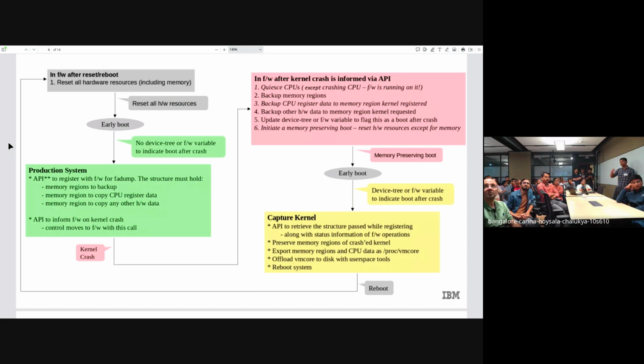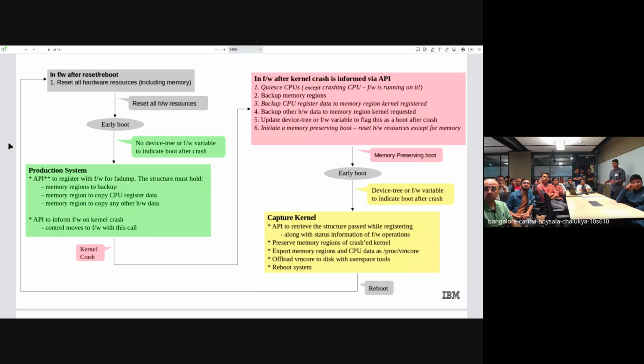The control goes to that pink box, the firmware. The main things that the firmware is expected to do is use the CPUs, just pause operations, get the registers, and preserve the memory regions, like how we preserved in that blue box. Those memory regions can be preserved.